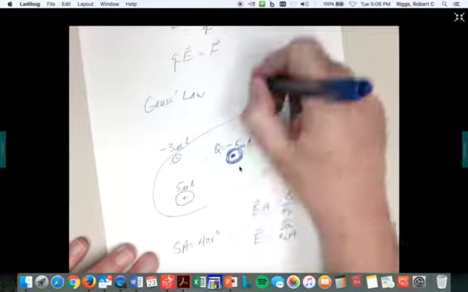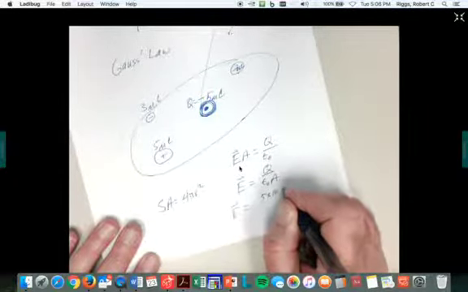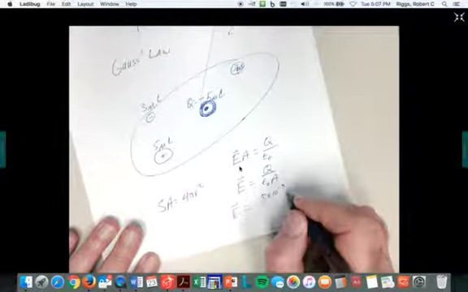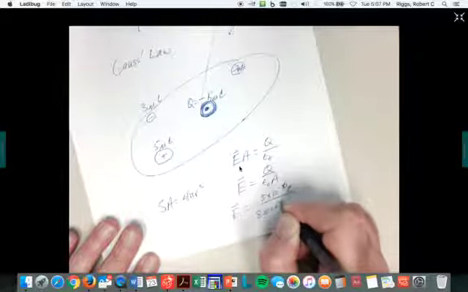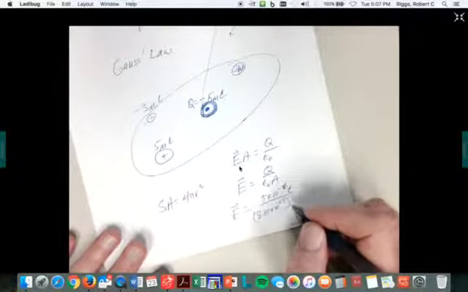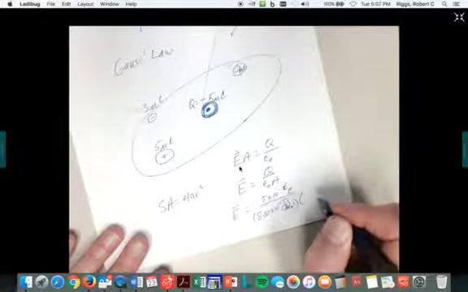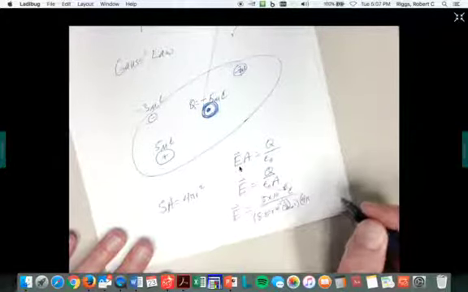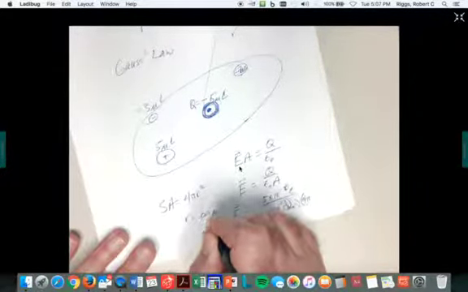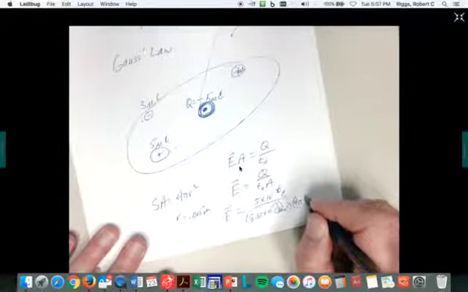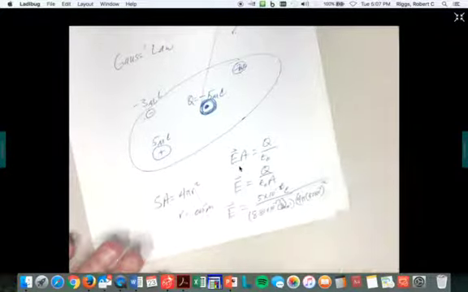If I want to find the electric field at the distance r out here, it's equal to 5 times 10 to the -6 coulombs divided by 8.85 times 10 to the -12 coulombs squared per Newton meter squared, times 4 pi, and let's say r is equal to 0.005 meters, so 4 pi times 5.0 times 10 to the -3 squared. And that's the way I'd find the electric field.